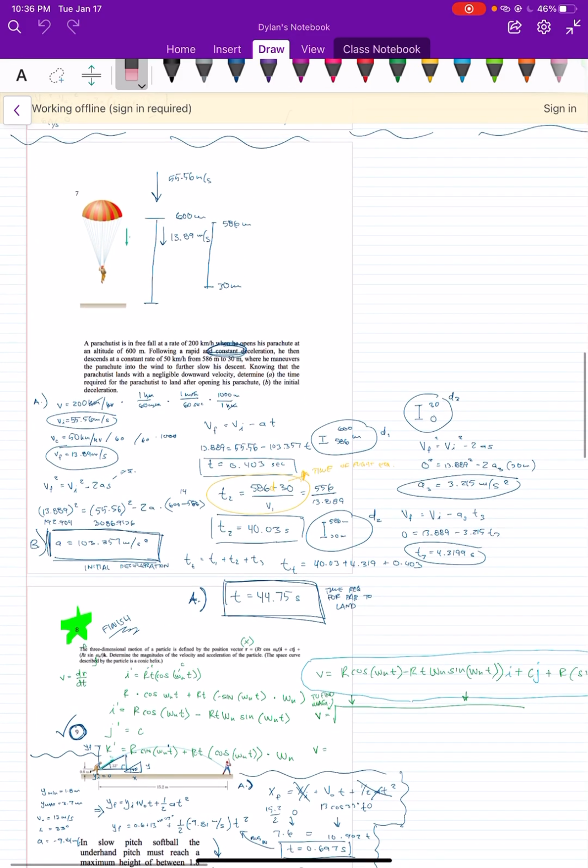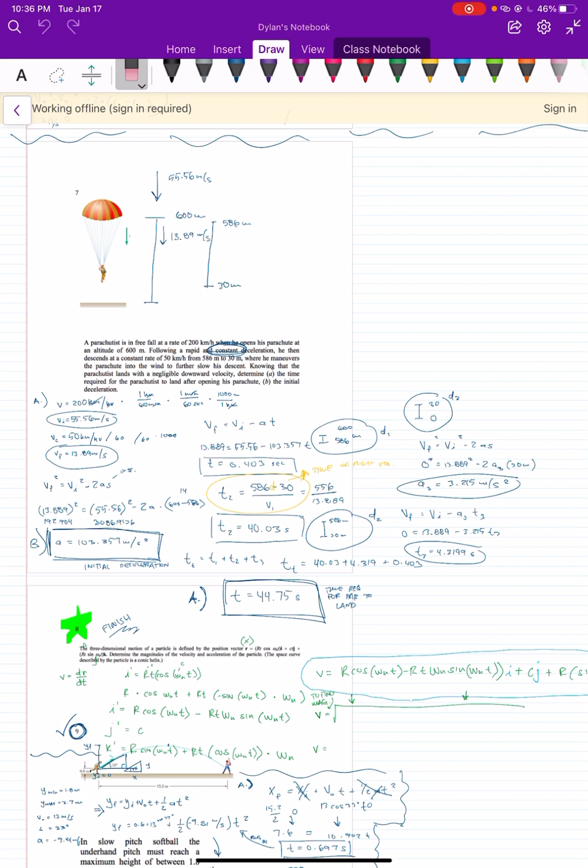Number 7, we had to convert everything to meters or meters per second, and I had to use 2 different kinematic equations. I used the one that did not include gravity, that did not include distance, and was able to find time during either section 1, 2, or 3 of his free fall, descending to the earth.